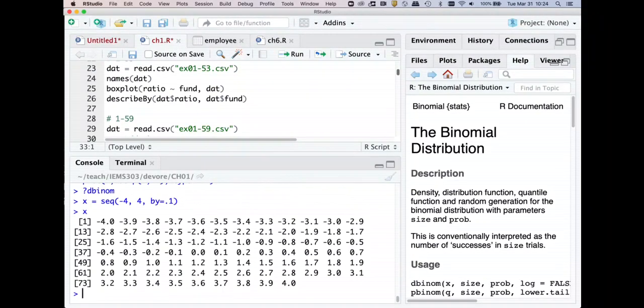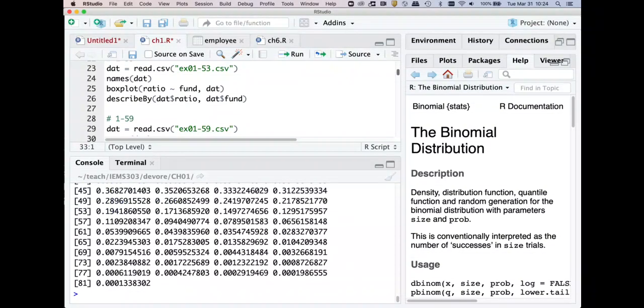So this is my x. Now if I do dnorm, this is going to be the distribution. It gives me the PDF of a normal. So I'm going to plot this. Let's plot x with dbinom of x, and then I'm going to say type equals l. That just connects the dots.